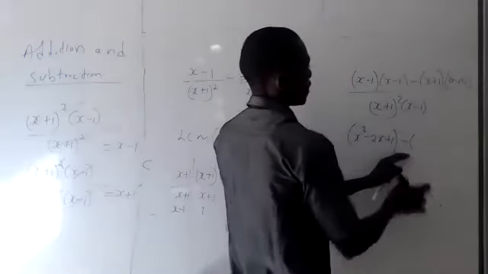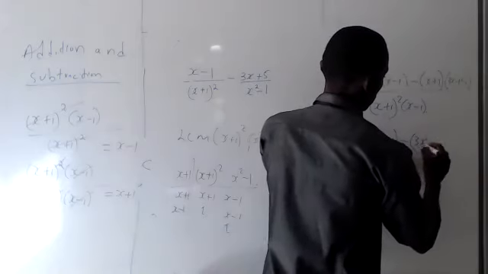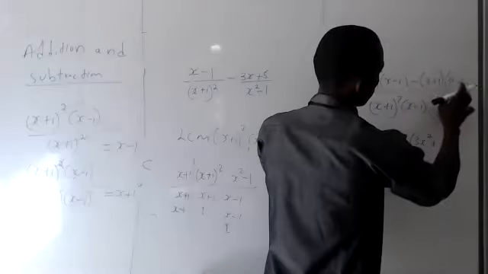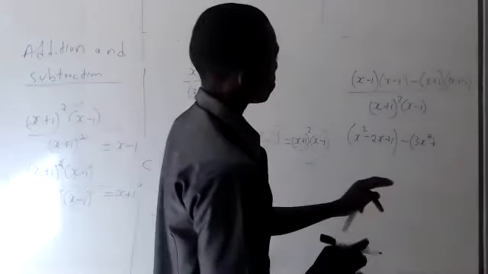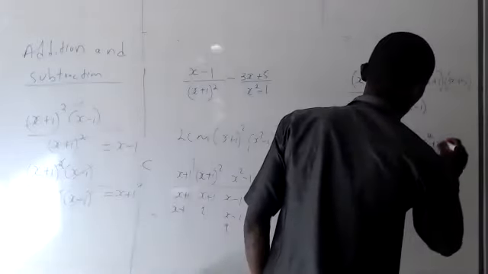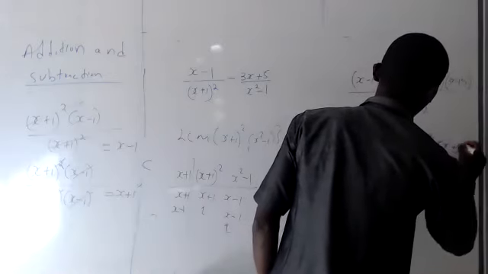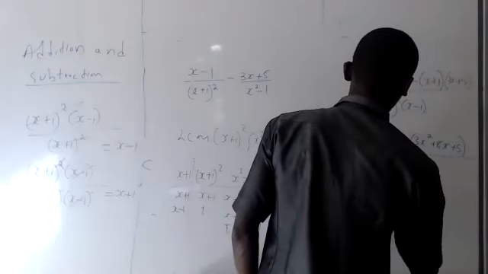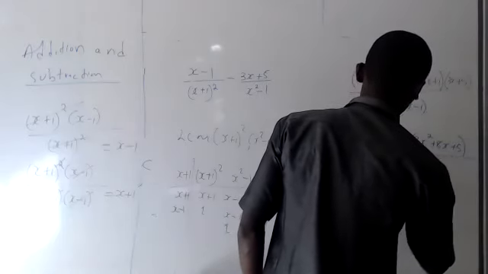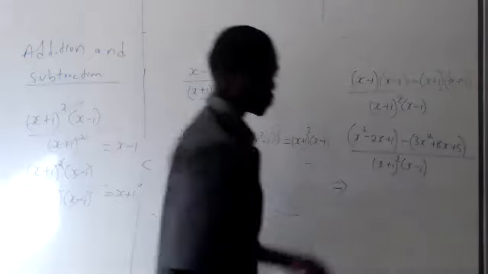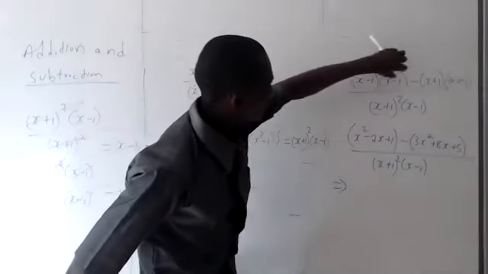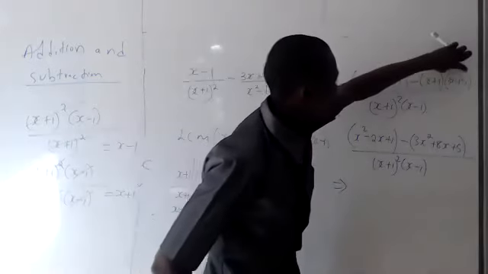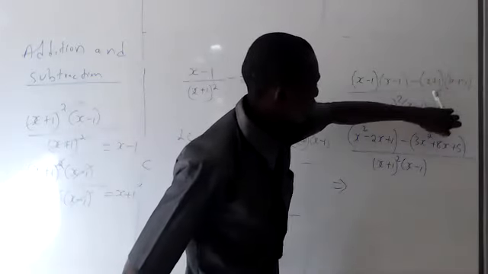And then now we have here 3x squared plus, so we'll have 5x plus 3x, that is 8x, and then plus 5. All this divided by x plus 1 squared x minus 1. So here I've multiplied x minus 1 by x minus 1 to get x squared minus 2x plus 1, and I multiplied x plus 1 by 3x plus 5 to get 3x squared plus 8x plus 5.